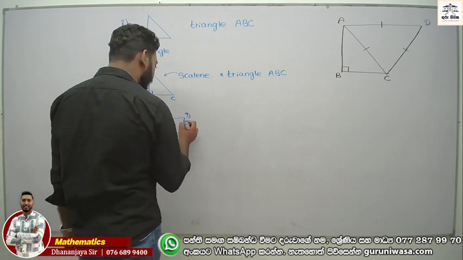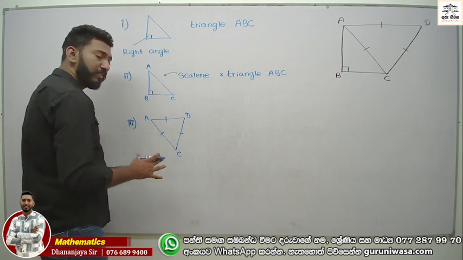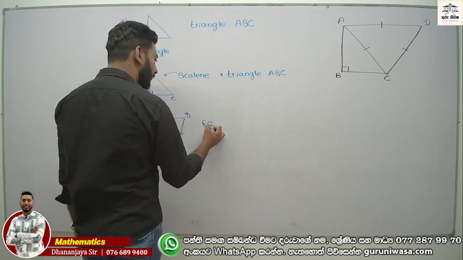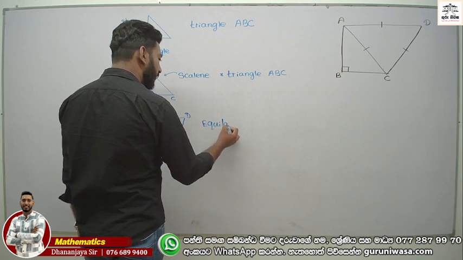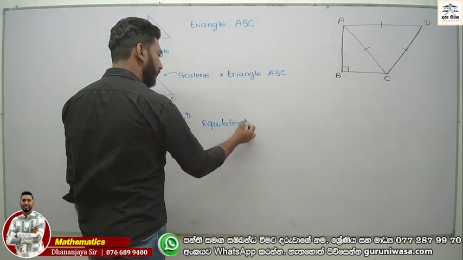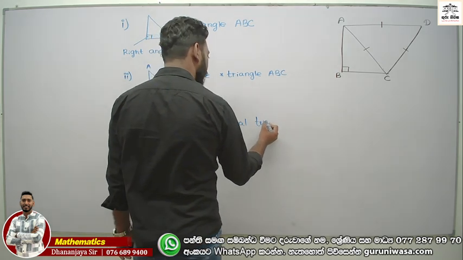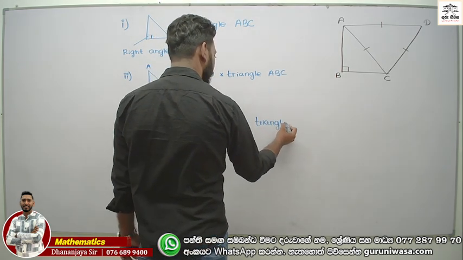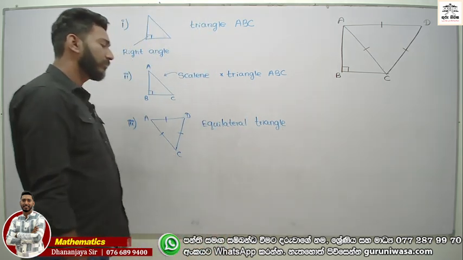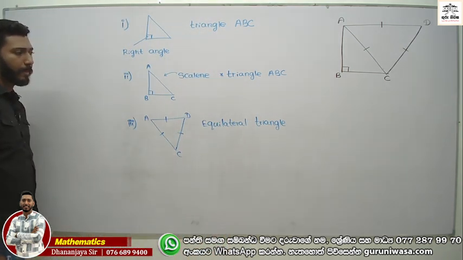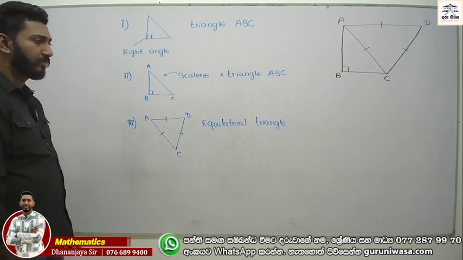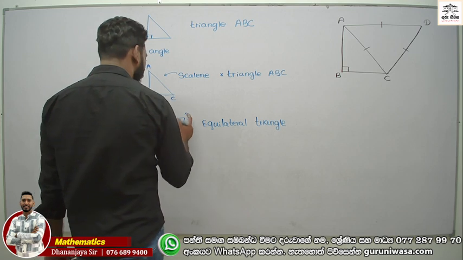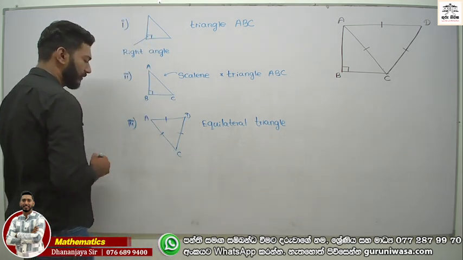We call it triangle ACD. A very specific name here. What do we call it? Equilateral. Equilateral triangle. Then an equilateral triangle is a regular triangle, a regular polygon. Right.